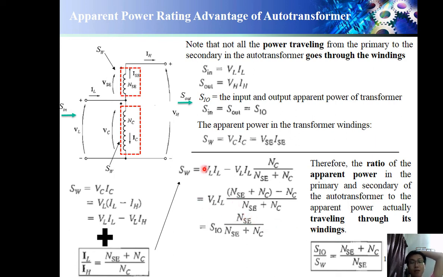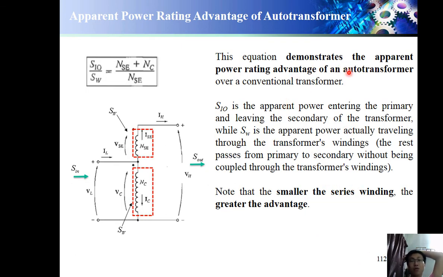I think this statement, saying that the power traveling through the winding is related to this ratio, comes to here: S input output divided by S winding equals NSE plus NC divided by NSE.